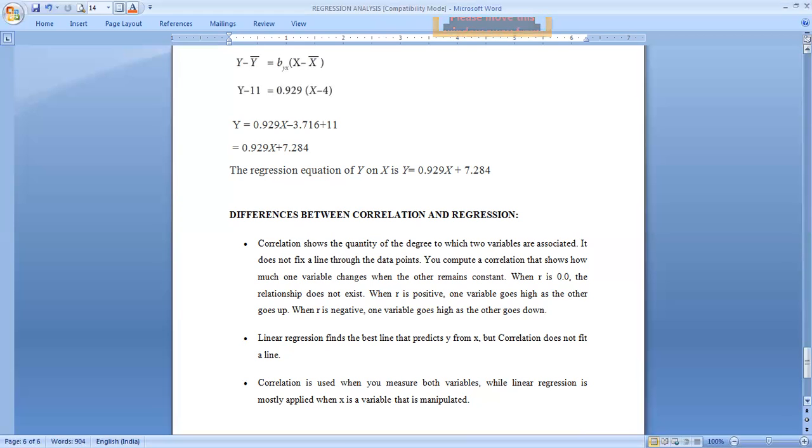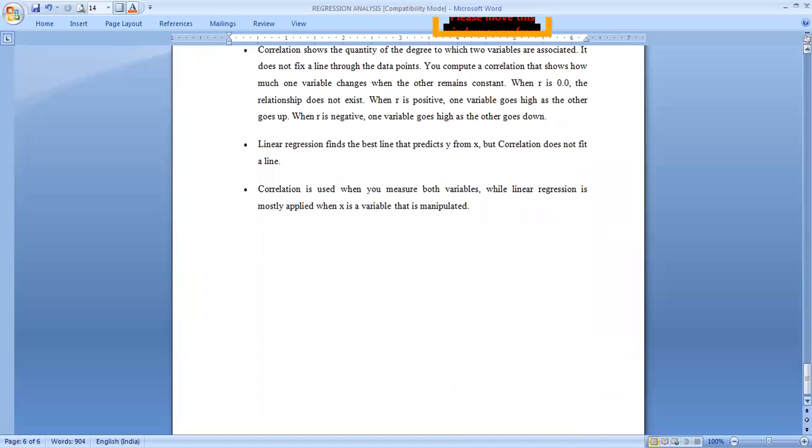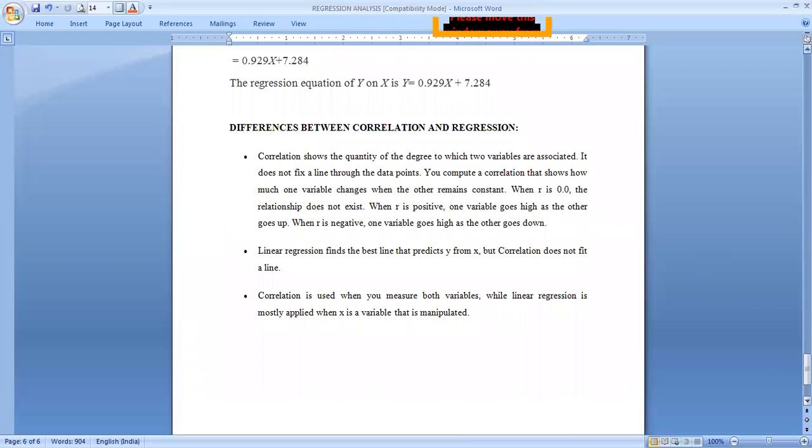Correlation is used when we measure both variables, while linear regression is mostly applied when x is a variable that is manipulated. So these are the points of difference of correlation and regression. We have discussed 3 points of differences in correlation and regression.